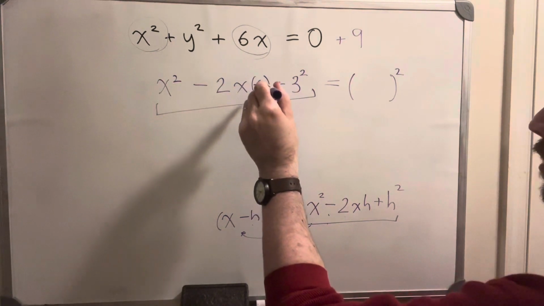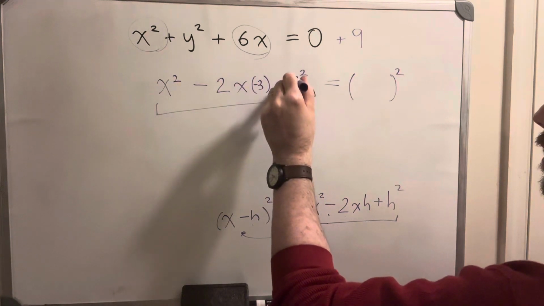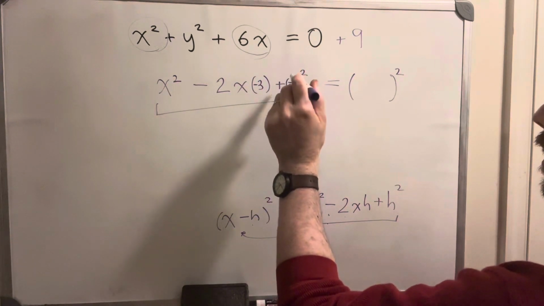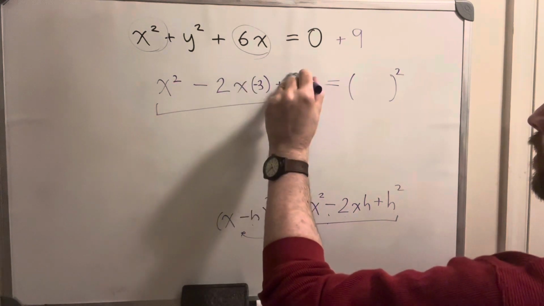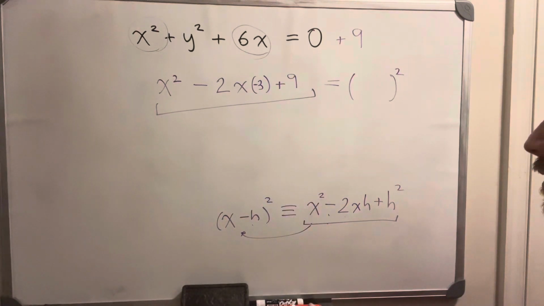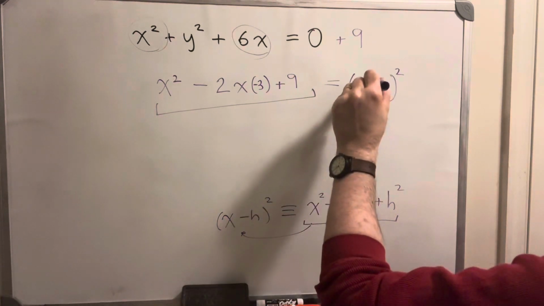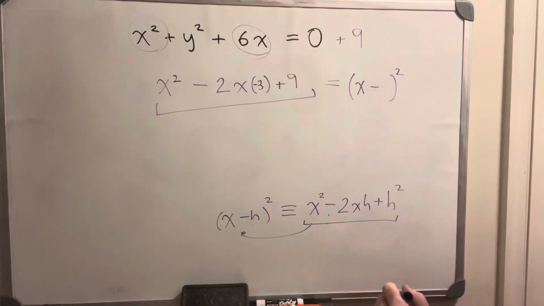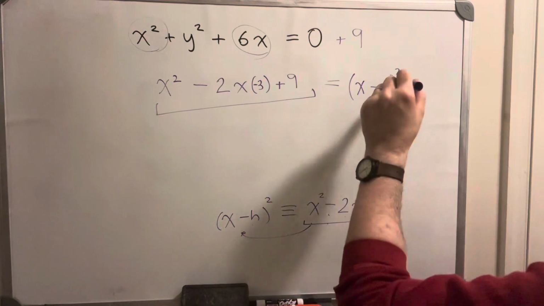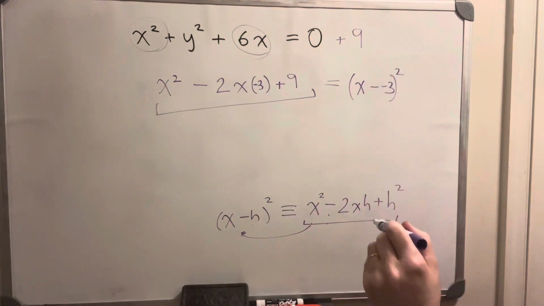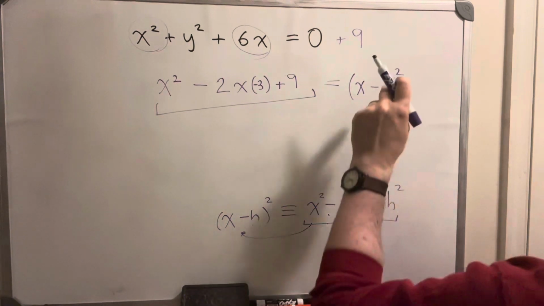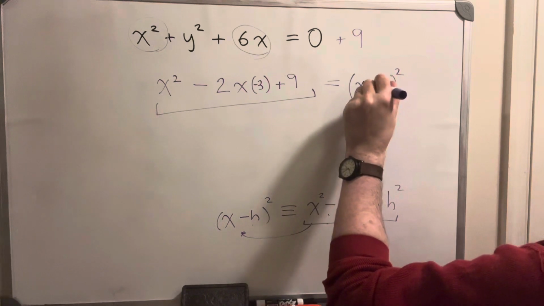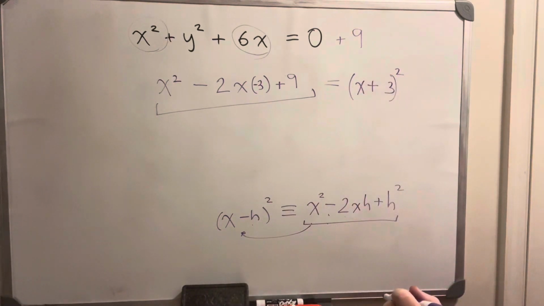Whoops, I almost forgot something important. Let me just write 9, because we know that 9 is negative 3 squared. Right? x minus, what is h? h is minus 3. So we could write minus minus 3 is x plus 3.